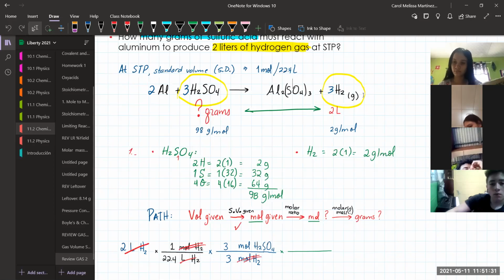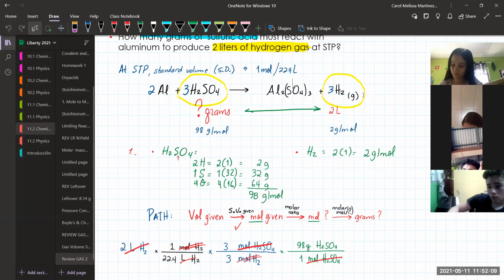So right now I have to relate the molar mass of the unknown, so I need to cancel my moles of sulfuric acid. So I put moles of sulfuric acid below. So in 1 mole of sulfuric acid, I have a mass of 98 grams of sulfuric acid. This allows me to eliminate moles of sulfuric acid with moles of sulfuric acid.